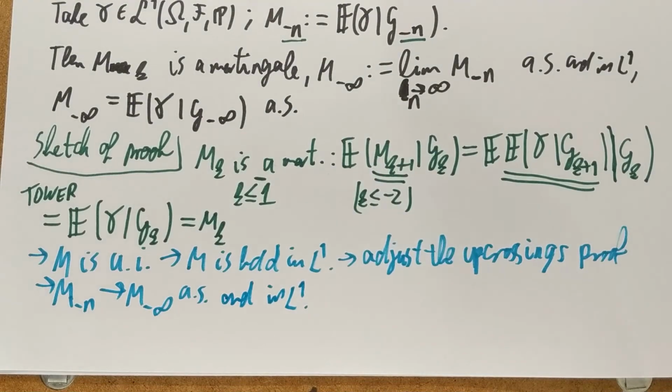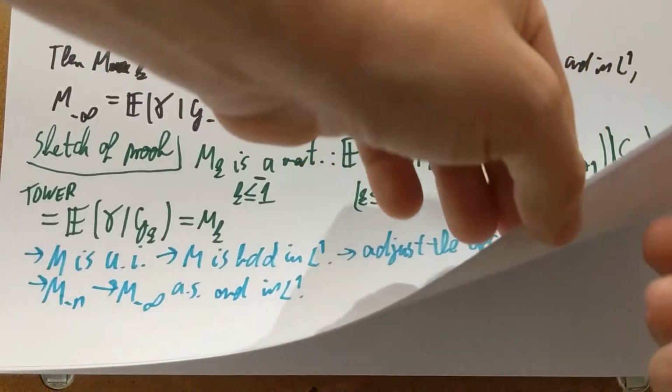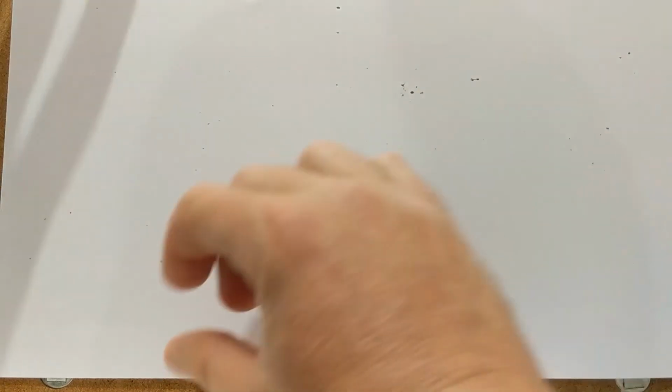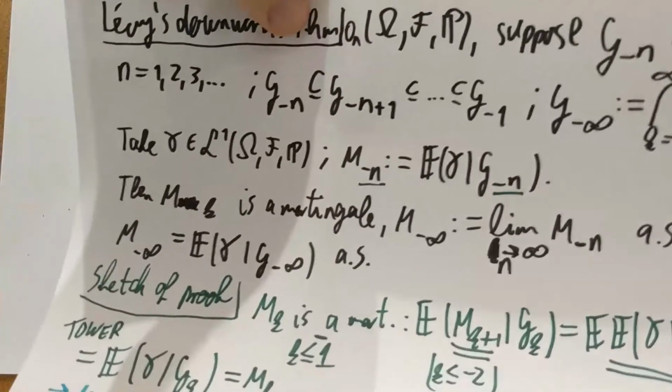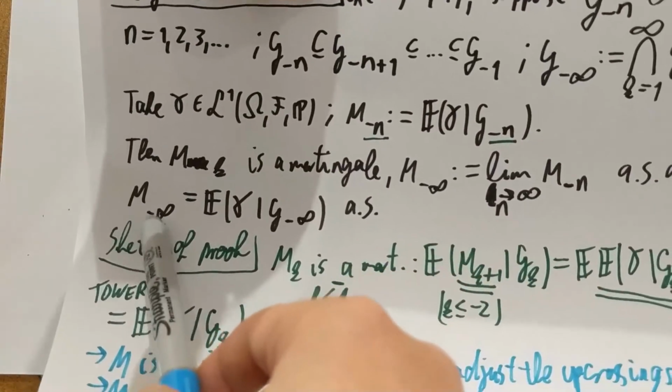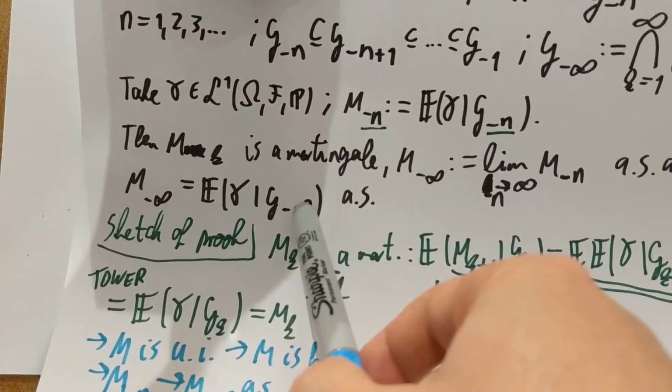So I'm not going to explain that further here, but I'd like to still show you the last statement we had, namely that M_{-infinity} is the conditional expectation with respect to G_{-infinity}. Let me just repeat that part. It's again following the similar arguments that we had before, so it's essentially a repetition. But let me show that to you.